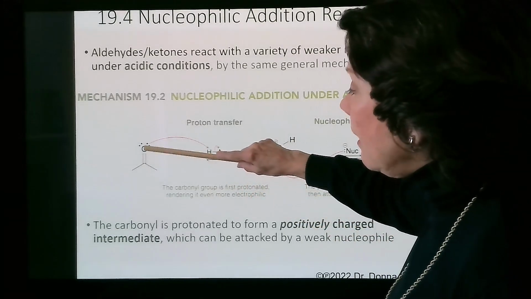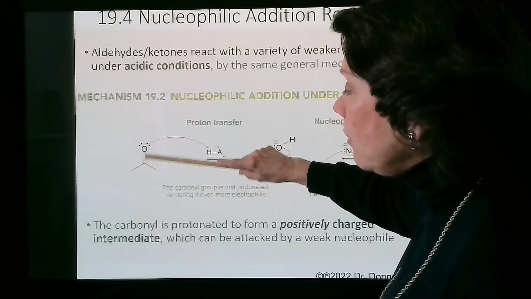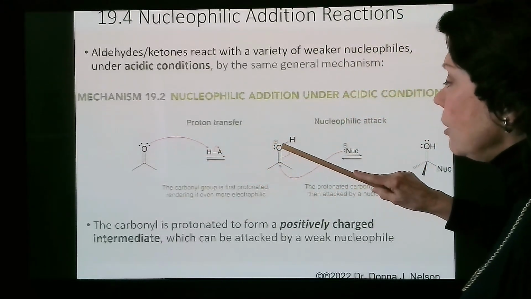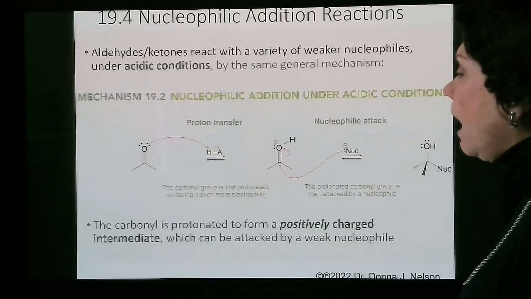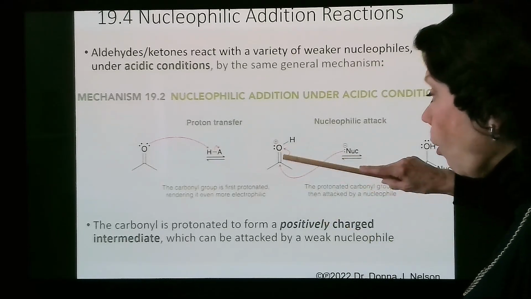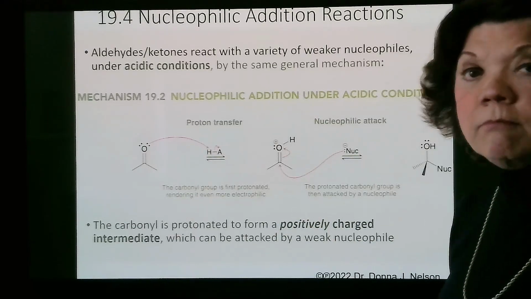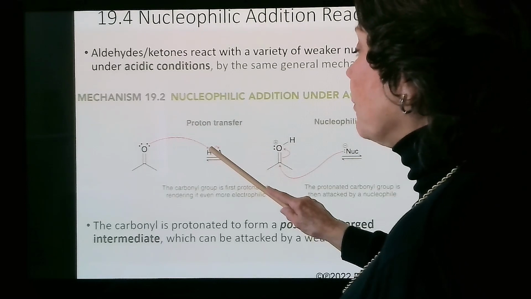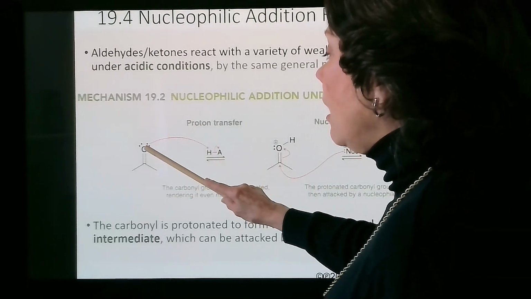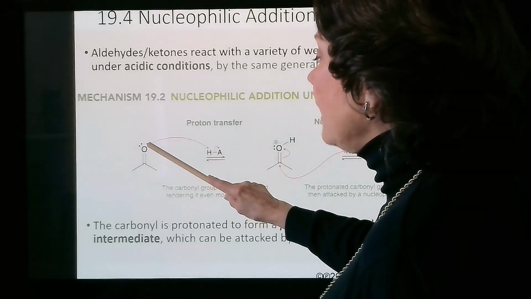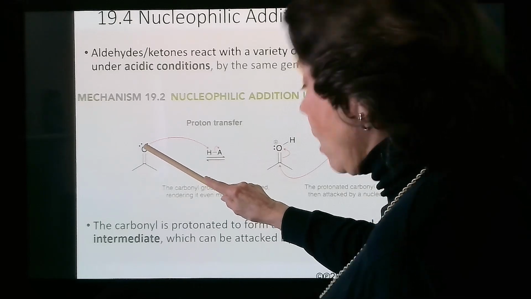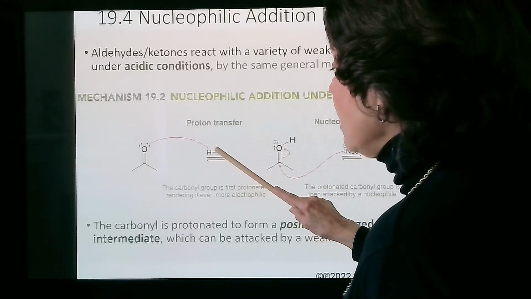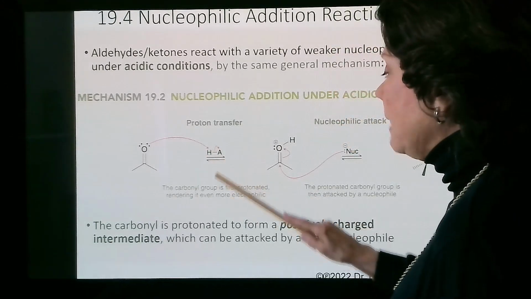Initially the carbonyl is polarized a little bit, and when the H plus is attached to the oxygen, it becomes more polarized and therefore more reactive. And so the first step here is the proton transfer to the carbonyl. One pair of electrons on oxygen attacks the proton, displacing A minus.